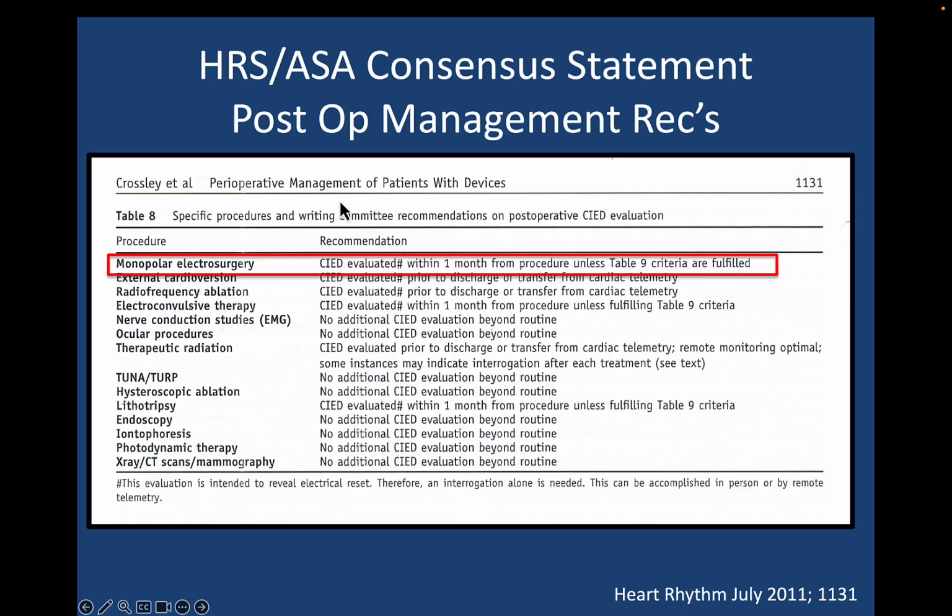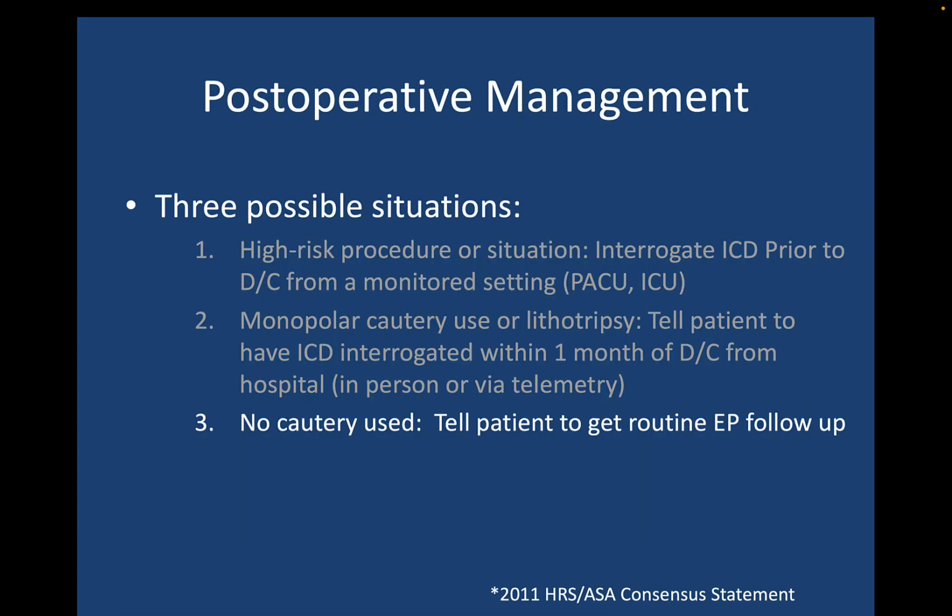This also is listed in the Heart Rhythm Society ASA consensus statement, and you can see, for example, here, monopolar electrosurgery, ICD evaluated within one month from the procedure, unless Table 9 criteria are fulfilled, which are the criteria that we just talked about earlier. And then the last scenario is where no cautery was used, no lithotripsy. Just tell the patients to get their routine EP follow-up. So pretty straightforward, I think, for postoperative management, unlike the intraoperative and the pre-op management.